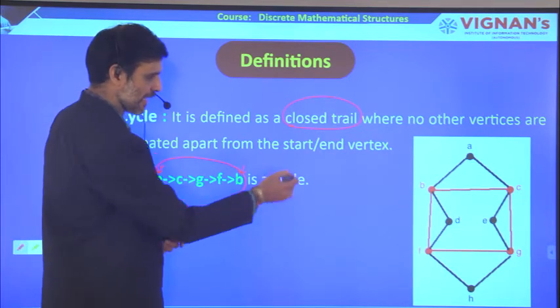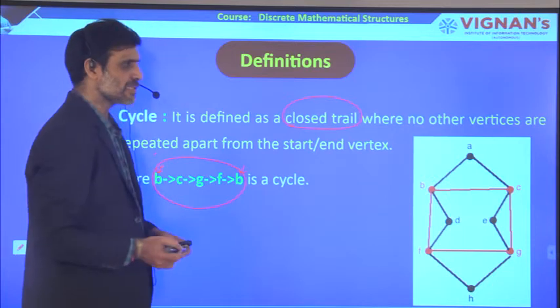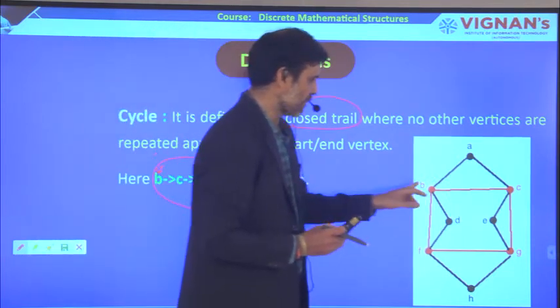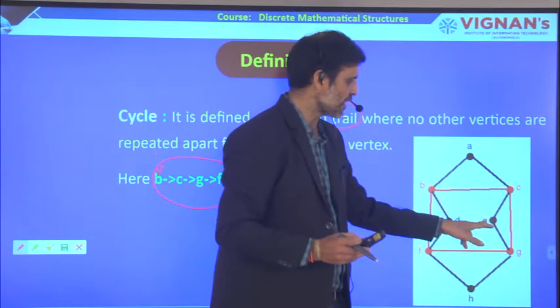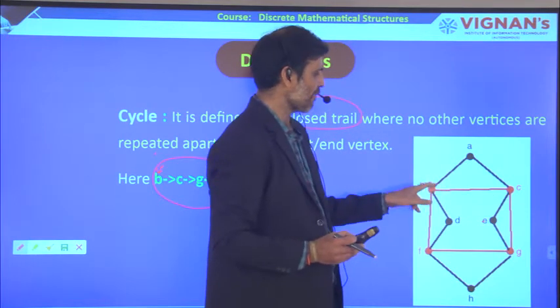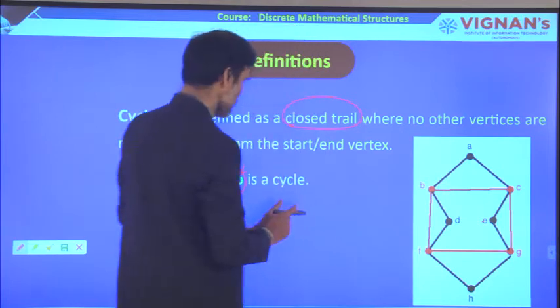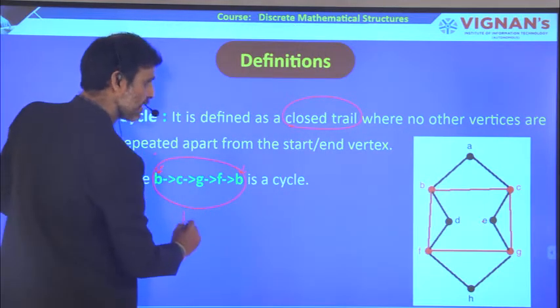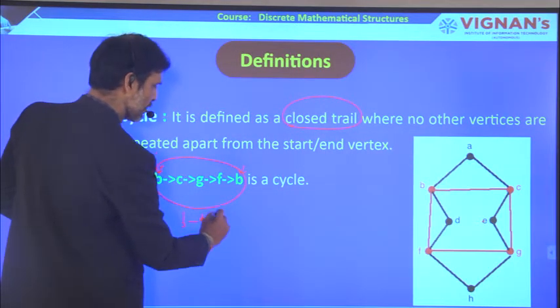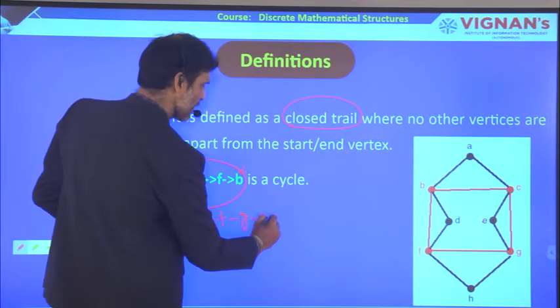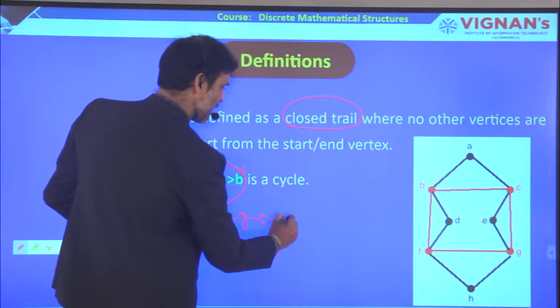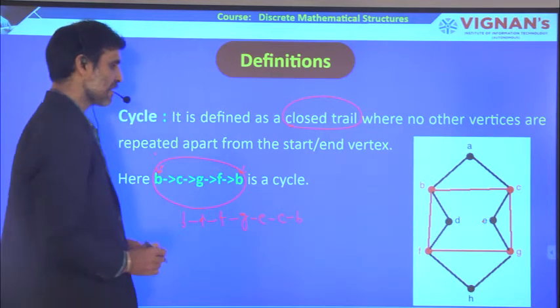Like that you can take other cycles in the given graph, for example B to D, D to F, F to G, G to E, E to C and come back to B. Or B to D, D to F, F to G, G to E, E to C and again C to B. This is another cycle.